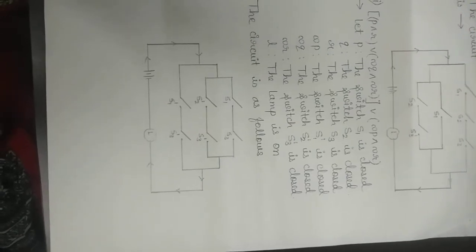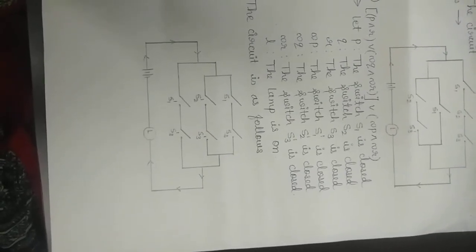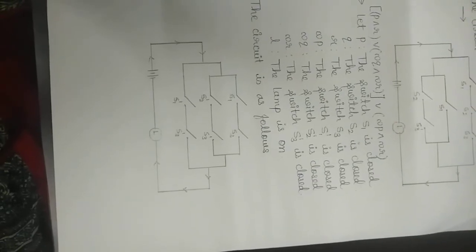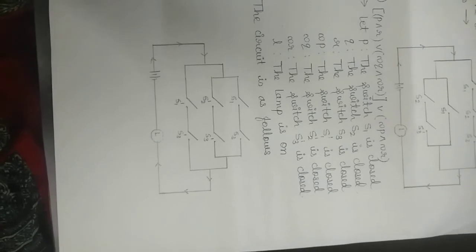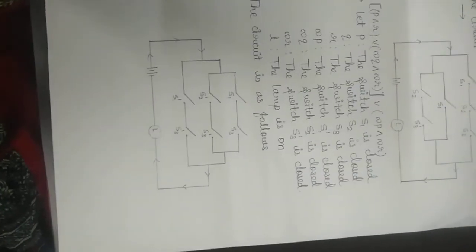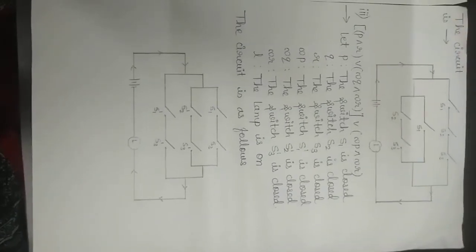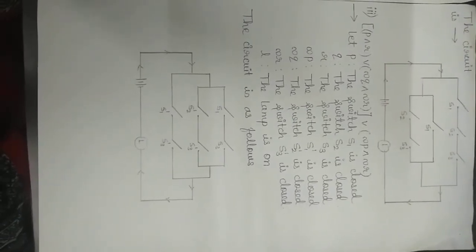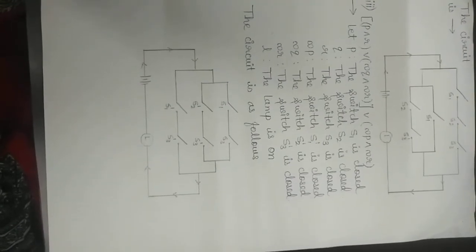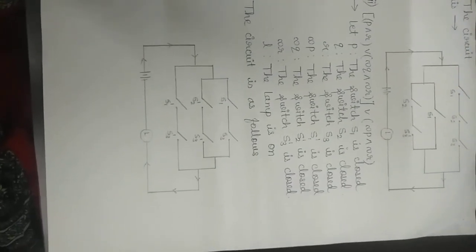Then we learn dual and negation of the given statement. After that we learn the laws of logic, that is rules, where associative law, distributive law, idempotent law, complement law, identity law, De Morgan's law, like this different laws are given.